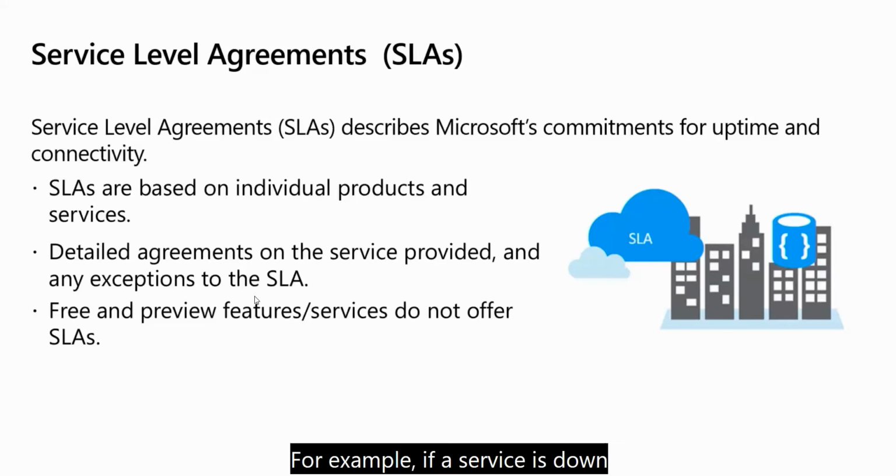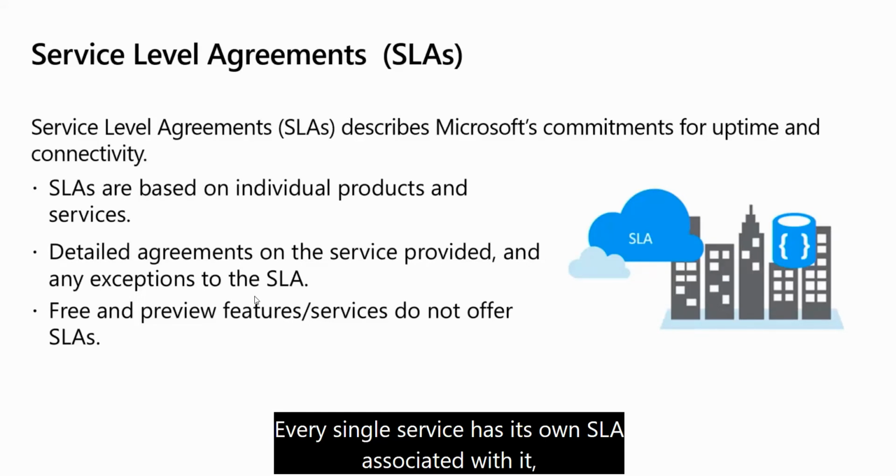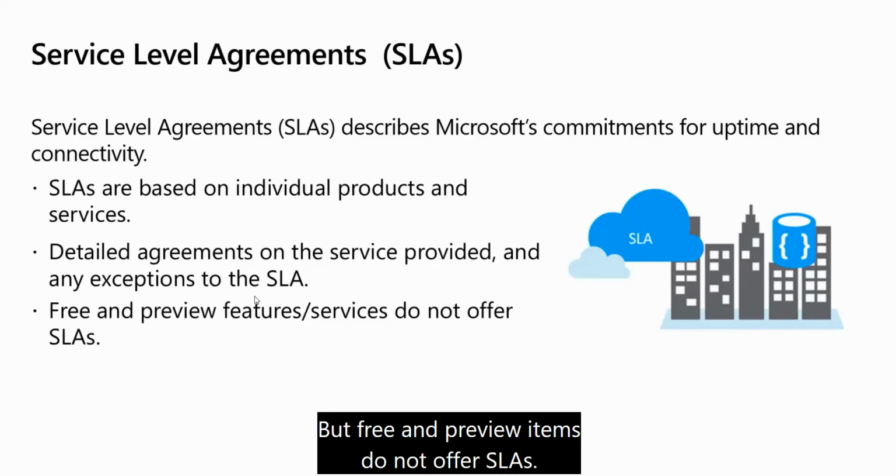And so if, for example, a service is down beyond that minimum agreed time, well, then a credit is applied to your account. Now, one thing to know is that every single service has its own SLA associated with it. So it's not just one general SLA. But free and preview items do not offer SLAs. So this does not apply to free and preview.